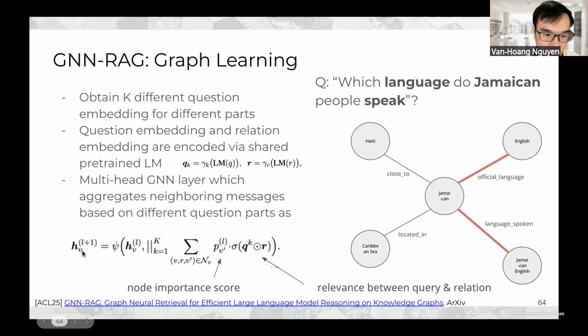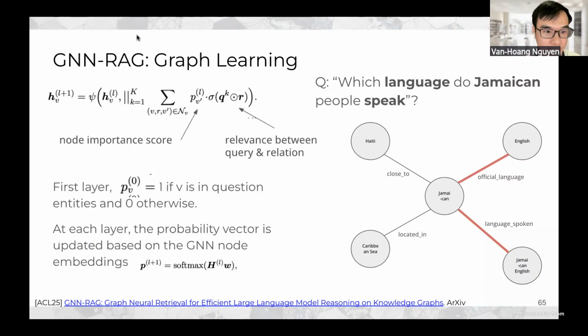Because a GNN is typically a stack of multiple layers, we'll be able to learn distant context between a node and its one-hop, two-hop, or n-hop neighbors. We initialize the node importance score as 1 at the first layer, L equals 0, if v is in the question entities and 0 otherwise.